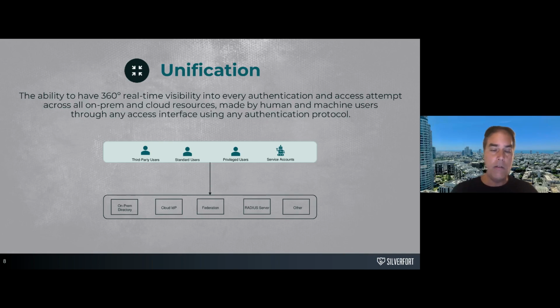But the upshot here is you've got all kinds of places where identity is being managed. There's actually not a single solution that is managing all of the identity. And therefore, it's very complicated. It's very tough to have a unified layer of control over all of these, right?